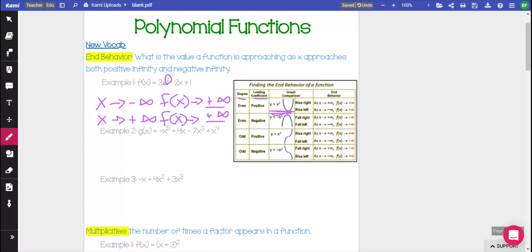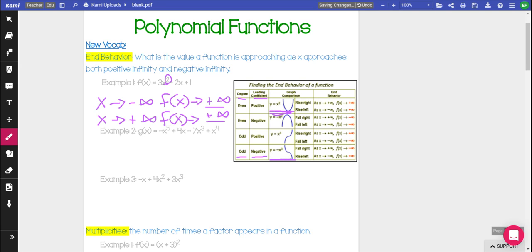If we look down at our second example here, again, we need to look at the degree and the leading coefficient. Our degree here is 5 and our leading coefficient is negative. So 5 being an odd number, we're looking at an odd negative relationship. We'll get to the graphs momentarily, but as of right now, this is really what our graph's going to be looking like.